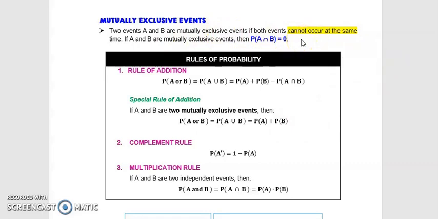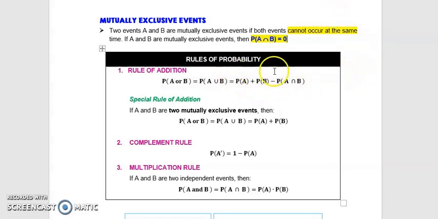For example, if Monday 8 to 10 you need to attend STA class, it means that at the same time, Monday 8 to 10, you cannot go to another class. So if A and B are mutually exclusive events, then the probability of A intersect B is equal to 0. This is to indicate mutually exclusive events.